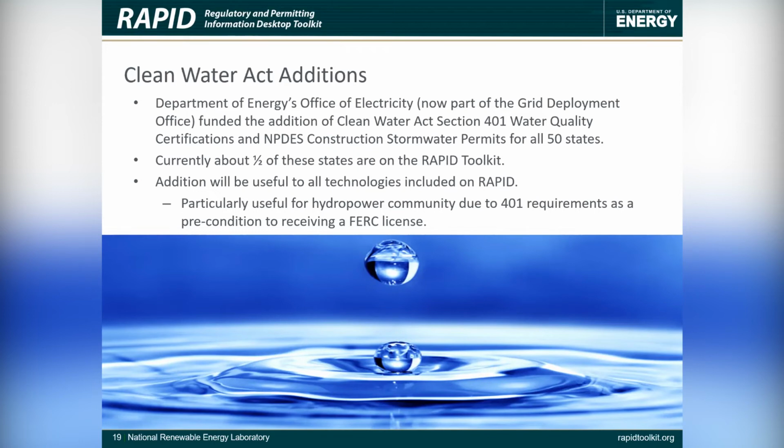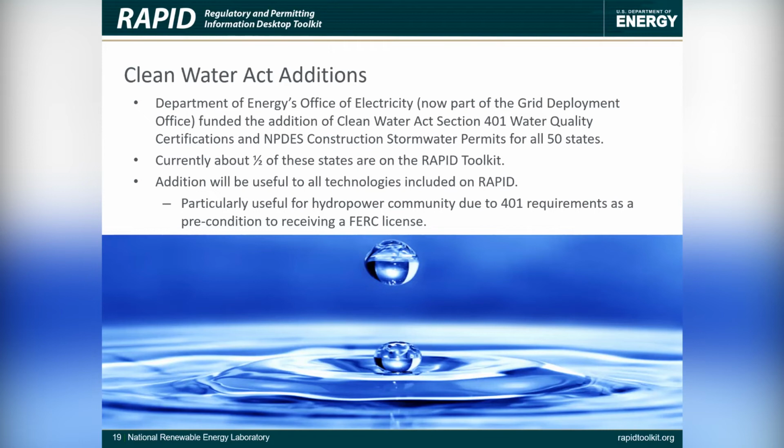And so we're really excited about the ability to expand our 401 certification information and construction stormwater discharges to all 50 states. This is something that we currently have about half of the states on the Rapid Toolkit, including this information. And then over the course of probably the next 6 months, we'll be adding this information for other states.